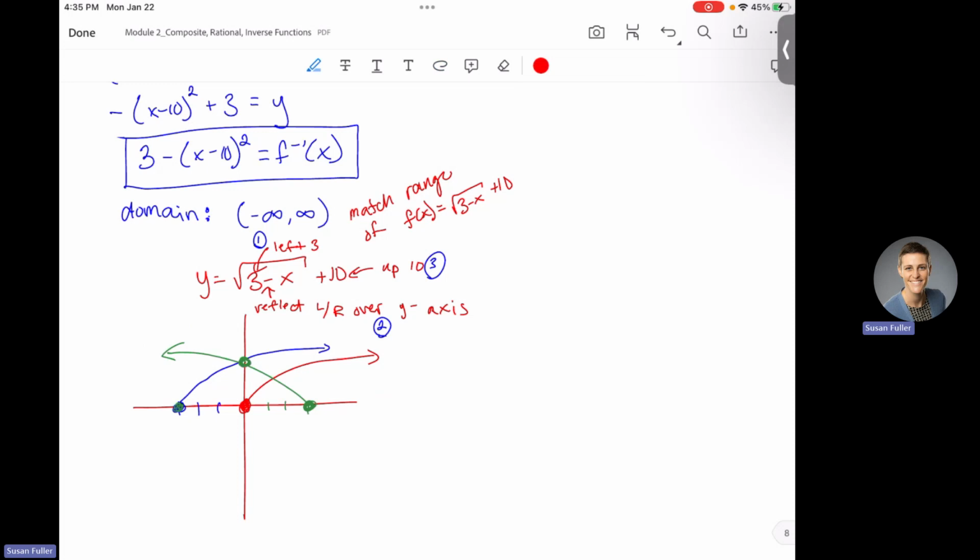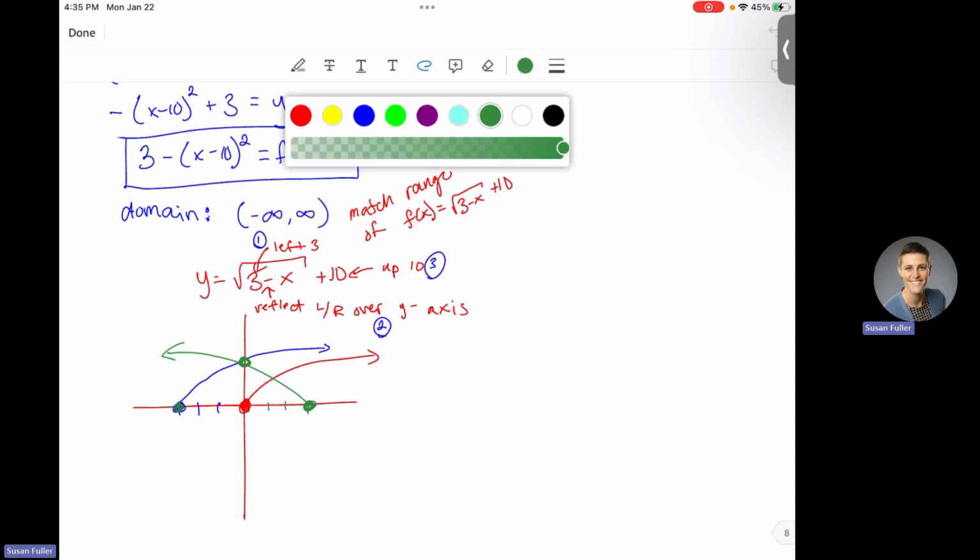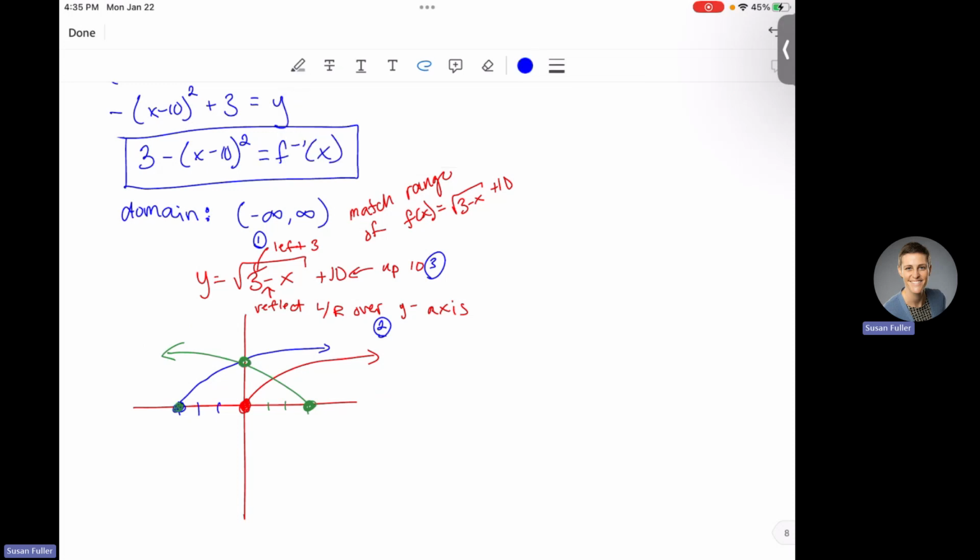And the very last thing that I'm going to do here is move us up 10 units. So I'm going to take this green one, the last one that we had, and I'm going to move us up 10 units. Let's just say that's 10. I'm going to start here. I'm going to go up and over this way.